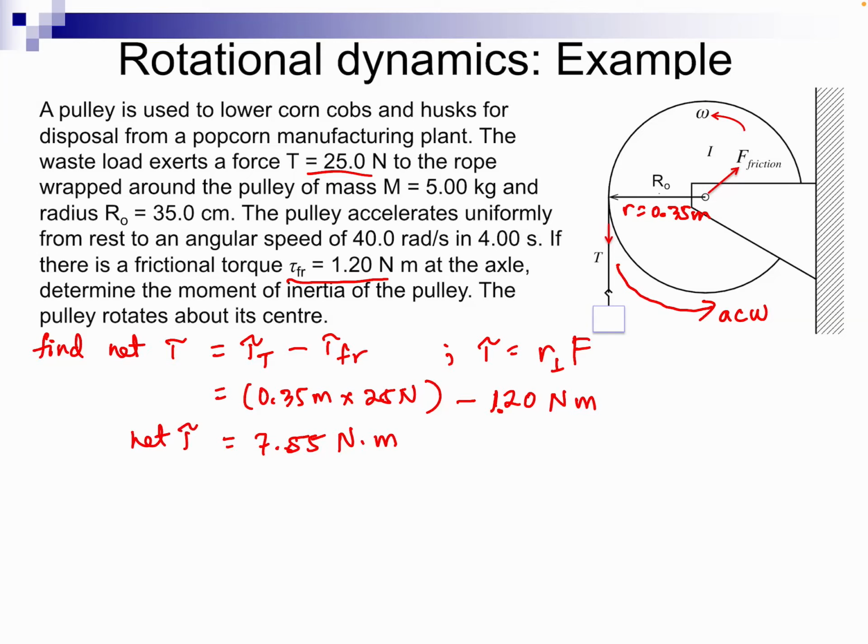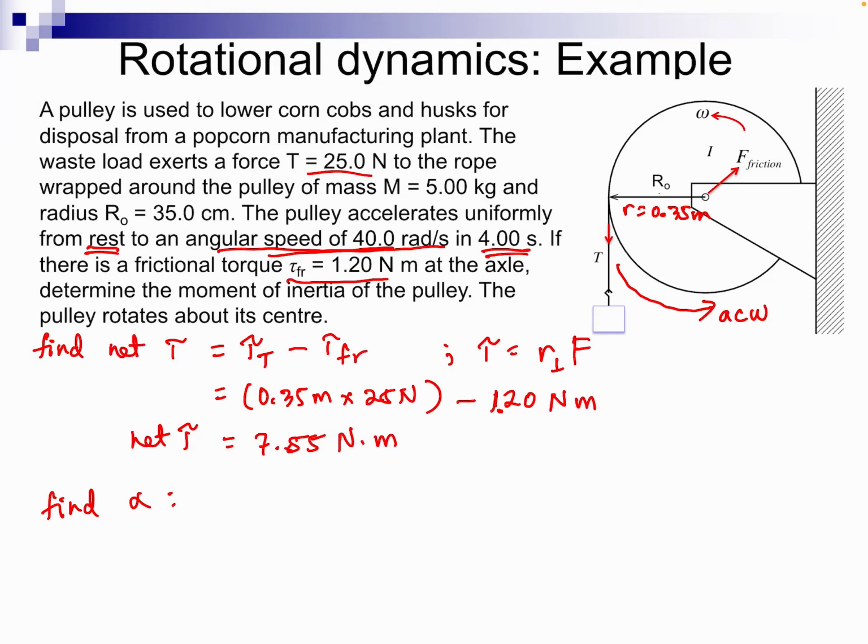Okay, the next thing we need to find is the angular acceleration. Right, what do we know? We know the initial angular speed is 0, it's from rest, and the final angular speed is 40 radians per second, and the time is 4 seconds.